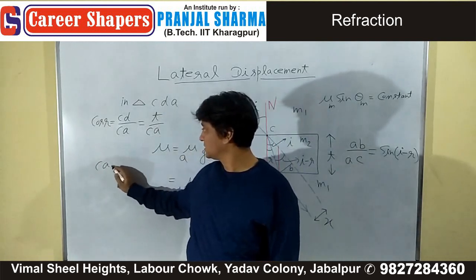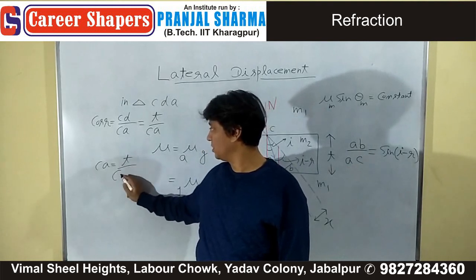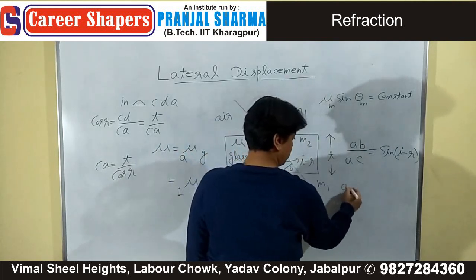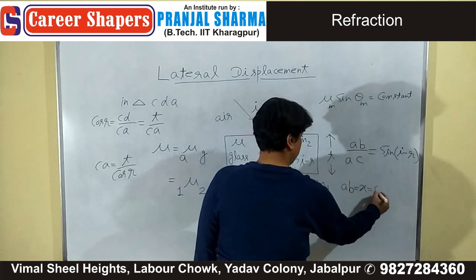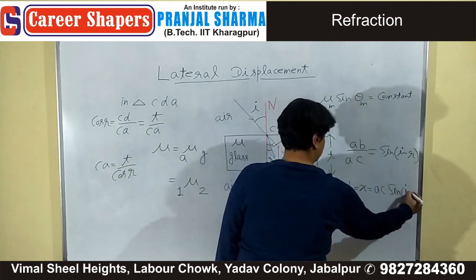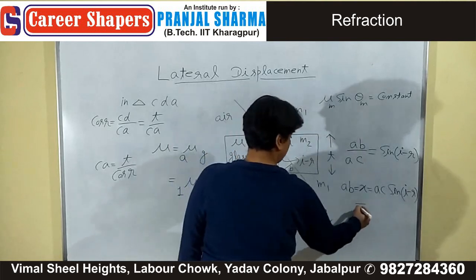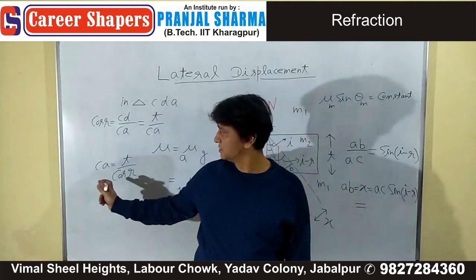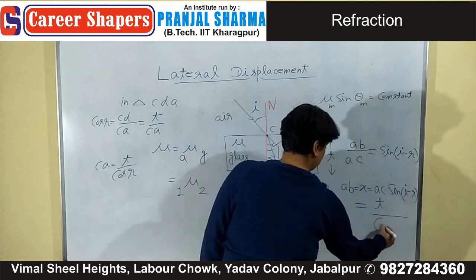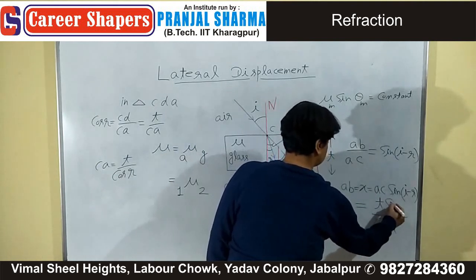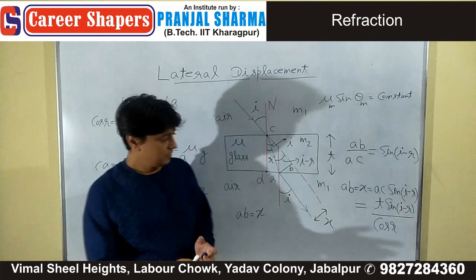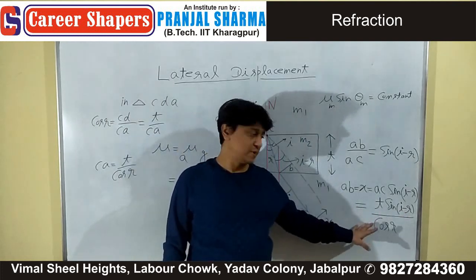We have found it. CA is coming T upon cos R. That gives us lateral displacement AB, which is X, as AC multiplied by sine of I minus R, where AC is T upon cos R. So X is T upon cos R times sine of I minus R. This is the lateral displacement.